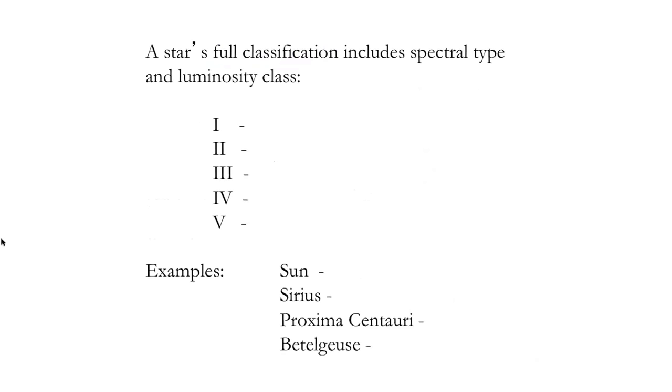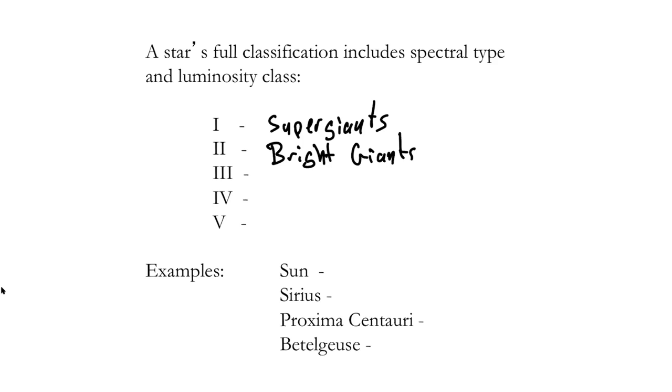So here's the full luminosity classification. The 1s are at the top. Again, this is a little bit backwards because the smaller the number, the more luminous the star is at a given temperature. But 1s are supergiants. 2s are bright giants. 3s are just giants. 4s are subgiants.